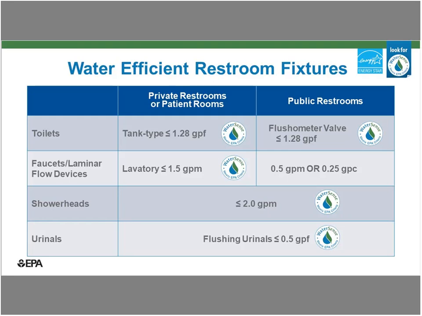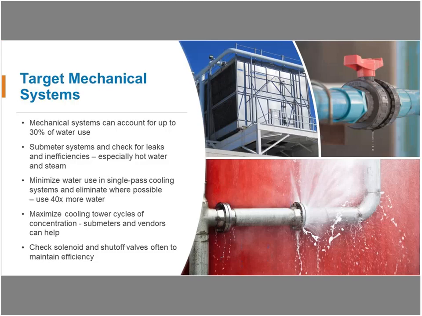So it's something to consider, especially if you are looking at a whole facility. And each one of these has performance criteria, so when you look for these labeled products, you can be confident that they will save water, but they'll also work just as well as the normal ones.